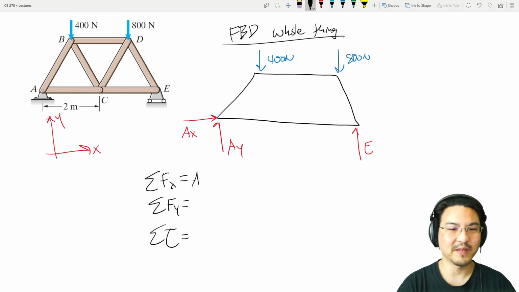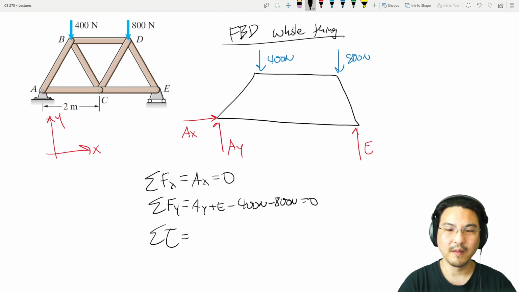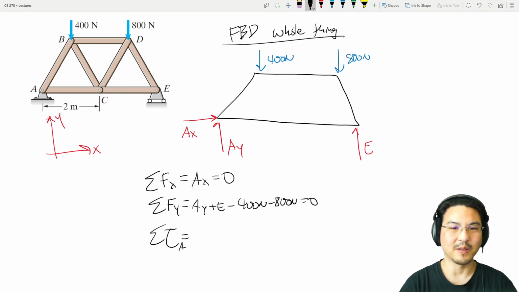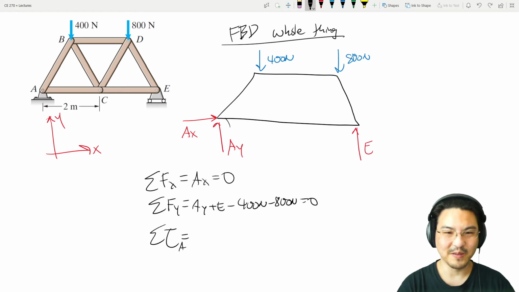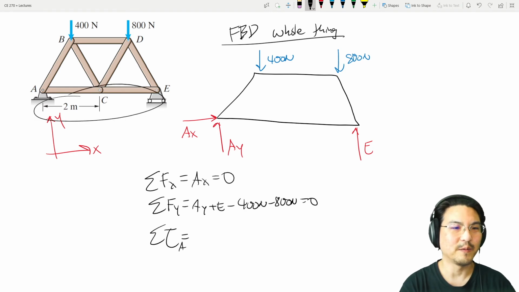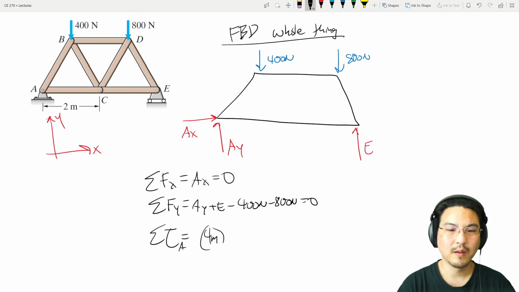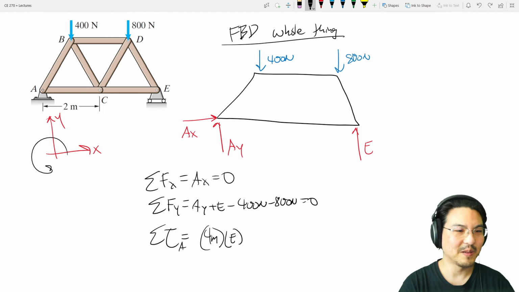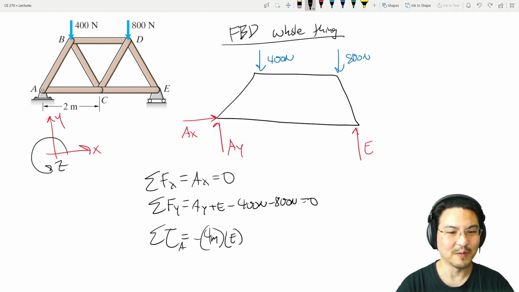Right, so in the x direction, in the y direction, in torque about anywhere I want, so let's say about point A. So the torque from this about point A is 0, here about point A, 0, here about point A is here to here, which is 4 meters. Going counterclockwise, which is in the positive z direction, so this is positive.